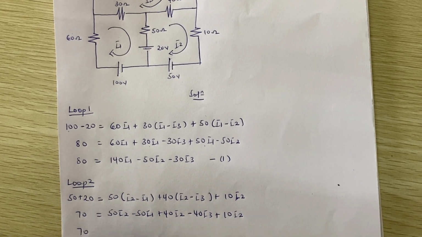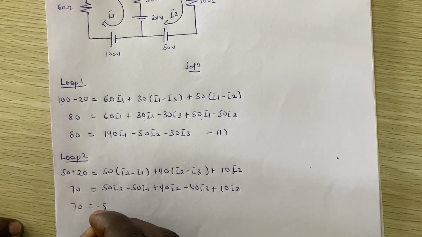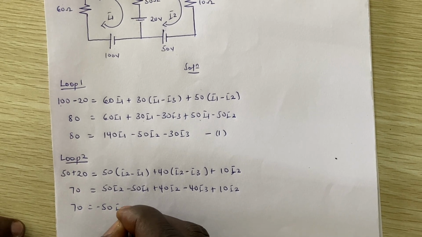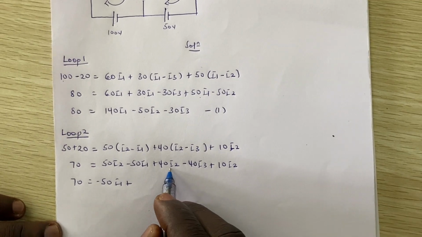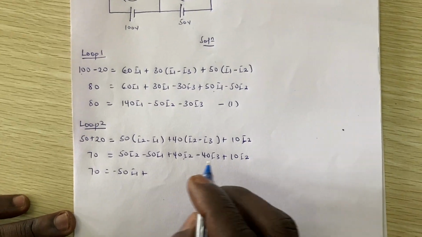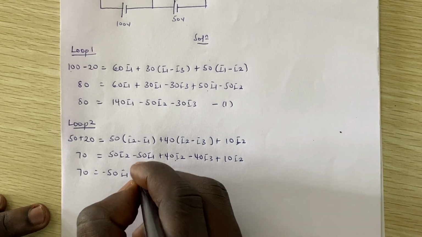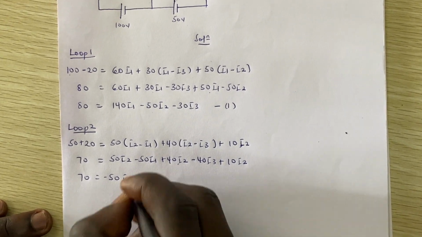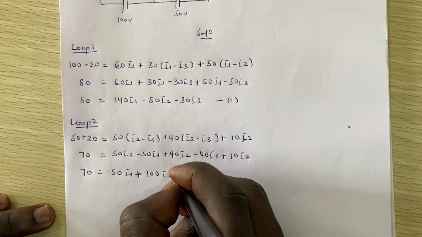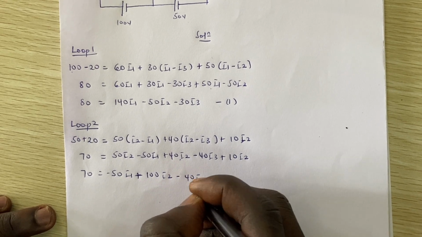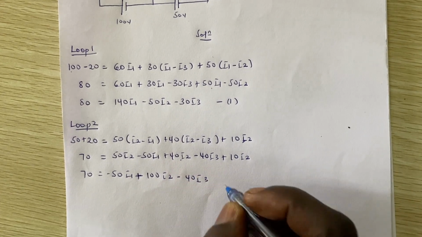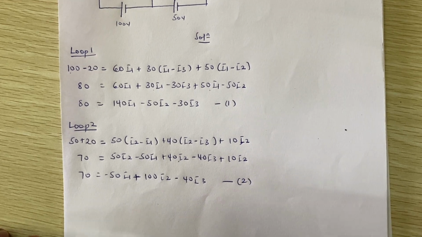All right, so we're getting 70 is minus 50 I1 plus 50, 40, and then 10, so we have plus 100 I2, and then minus 40 I3, right? So this would be our equation 2.